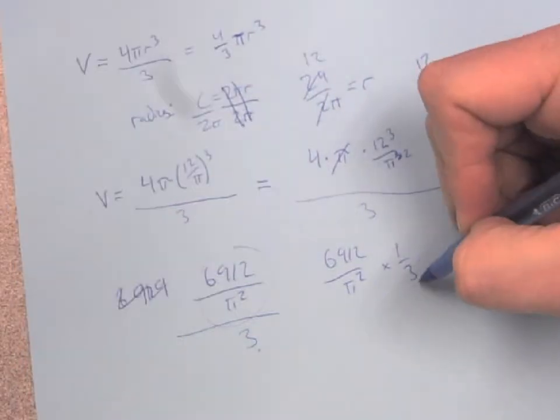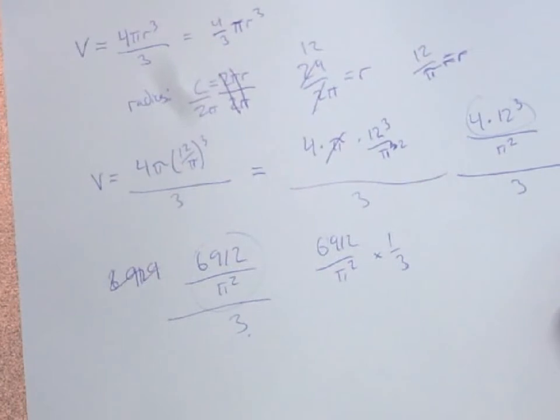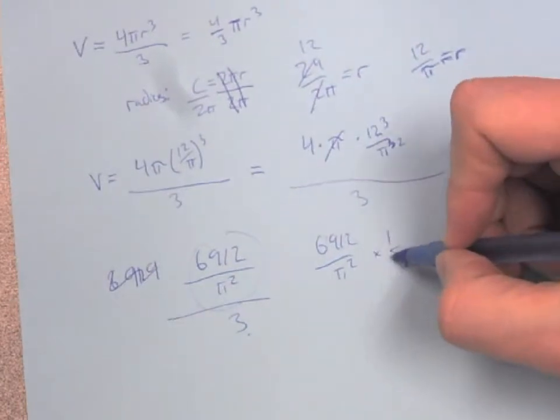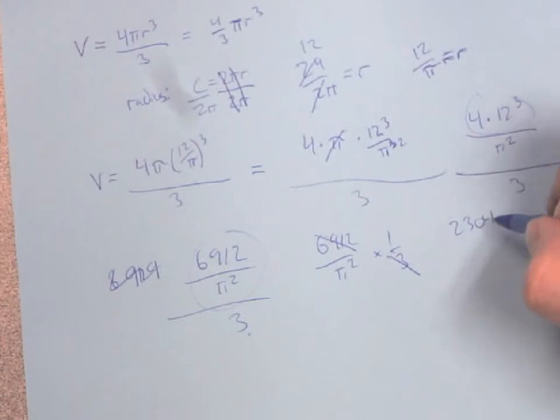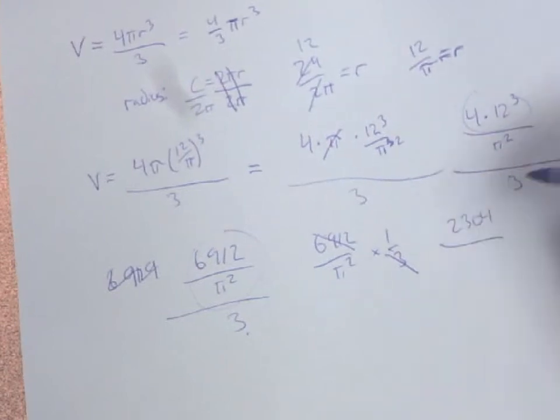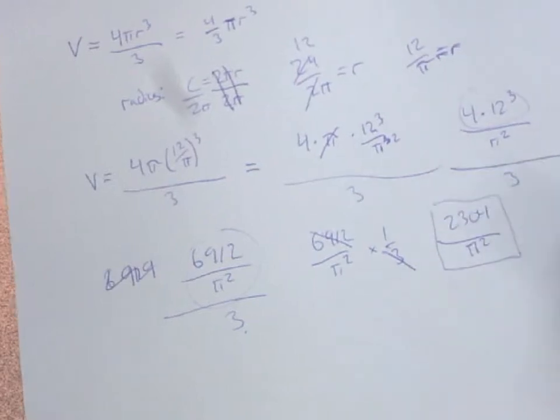And if 3 goes into here, I can cross cancel. So I'm going to see if that works. Turns out it does. So 3 goes into this guy 2,304 times. So this is 2,304 over pi squared. If you're looking for an exact answer, that's it.